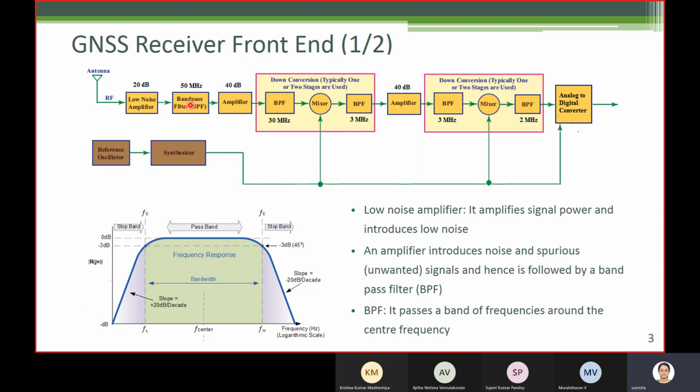Don't think of any physical explanation or anything. It is mathematically determined. You need to calculate the overall noise level, and it can be shown that the noise introduced by a particular block is attenuated by the gains of the preceding blocks. So if you consider this one, you need to consider both.